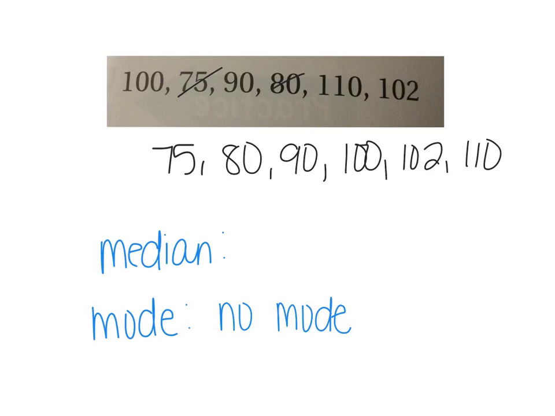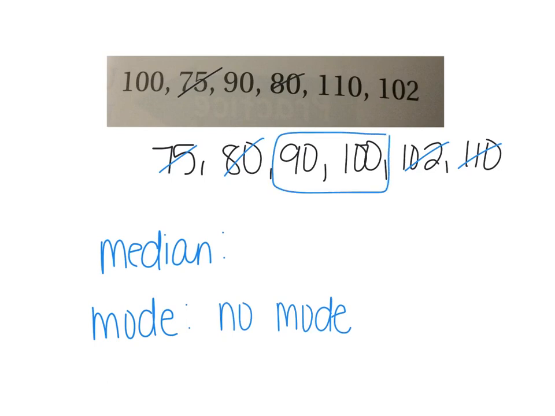Let's talk about median. To find the median, I'm going to strike one off the front, strike one off the back, strike one off the front, strike one off the back. And you notice that there are two left in the middle because this data set had an even number of data points. So what I'm going to do in this situation is I'm going to find the mean of those two data values.